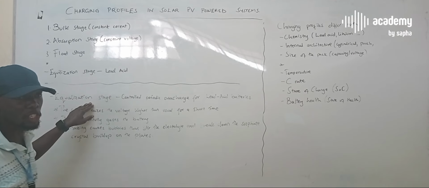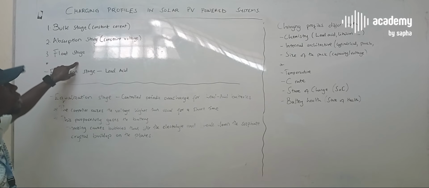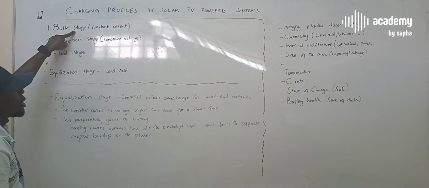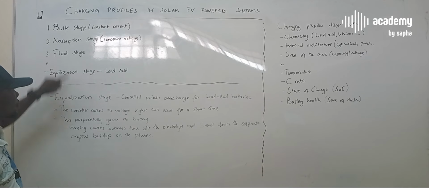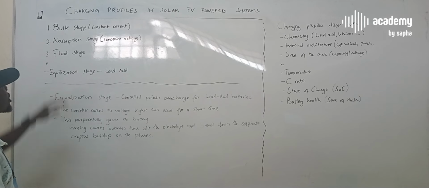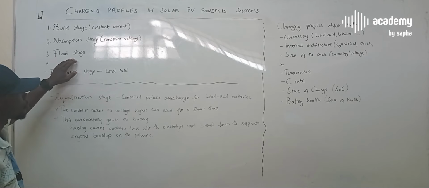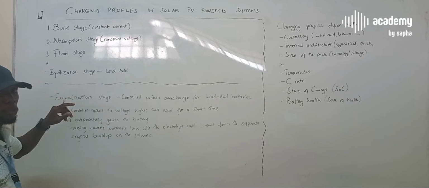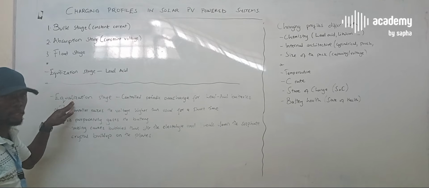At the equalization stage, happening after all the three stages have happened. So the first stage in a lead acid battery, let's say the bulk stage has happened, the absorption stage has happened, the float stage has happened. After some time, not once or twice, probably after 10 charge cycles, your intelligent system is supposed to subject your lead acid batteries to an equalization stage.